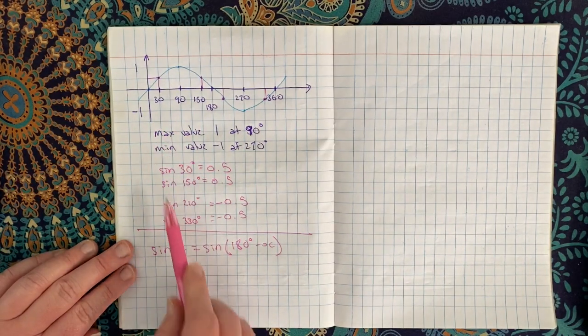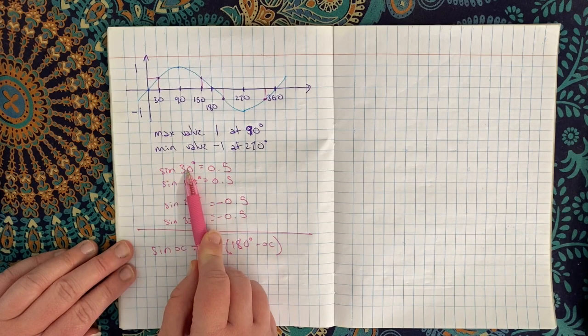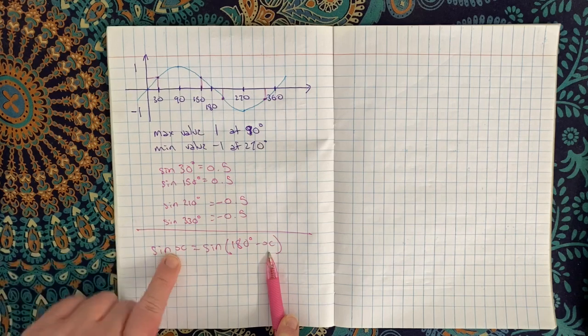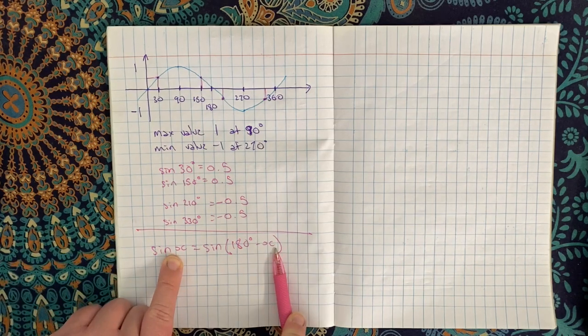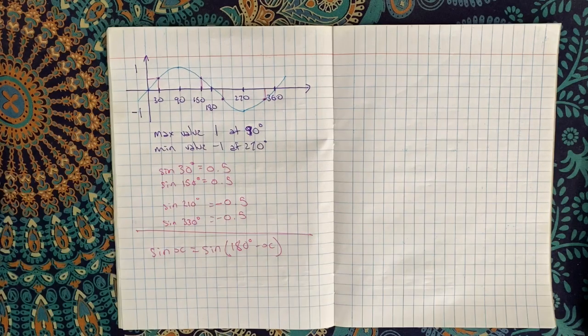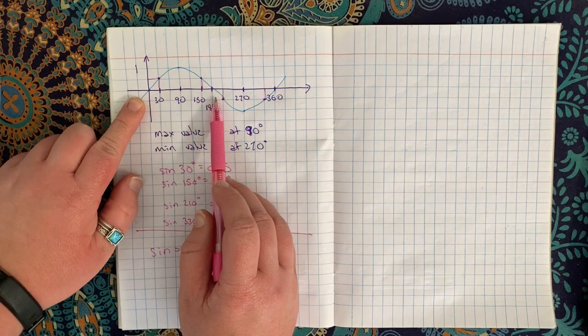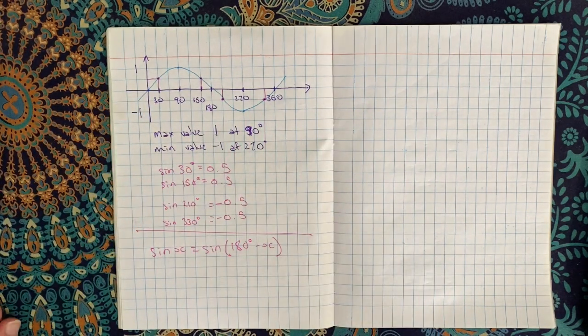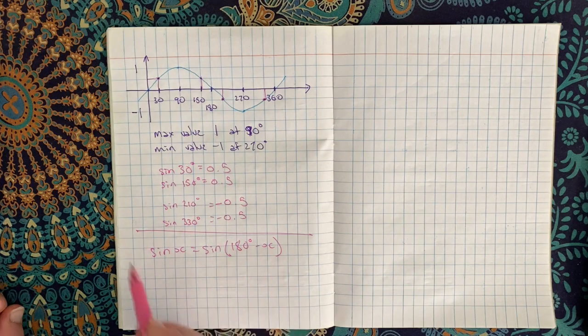Sine of 30 is the same thing as sine of 180 minus 30. 180 minus 30 is 150, and these were our equivalent values. To begin with, we're really only going to be looking at values between 0 and 180, so you don't have to worry about the negative ones yet. The book is only going to deal with positive values. But this is the rule we want to use.